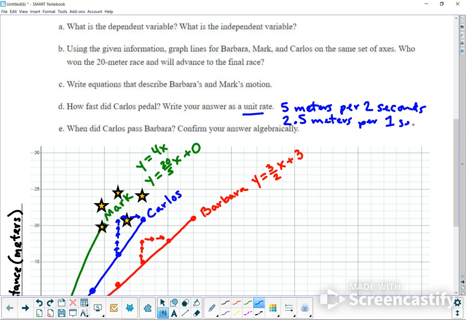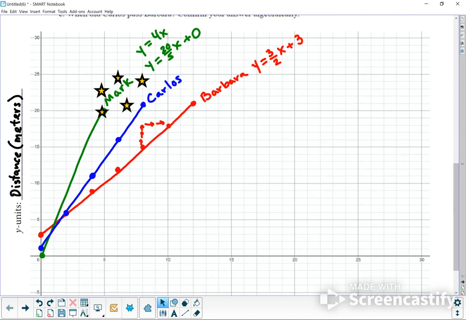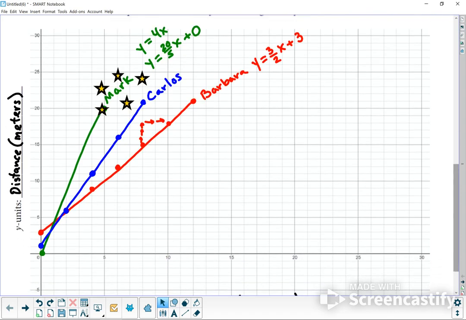Okay. When did Carlos pass Barbara? Confirm your answer. So Carlos, let's see, and Barbara. So it looks like Carlos and Barbara both met up right there at 2 seconds, and that was 6 meters. Right, so right here, we're talking about this point right here.